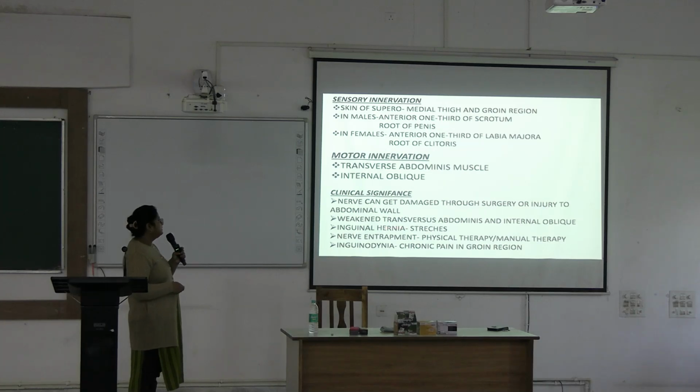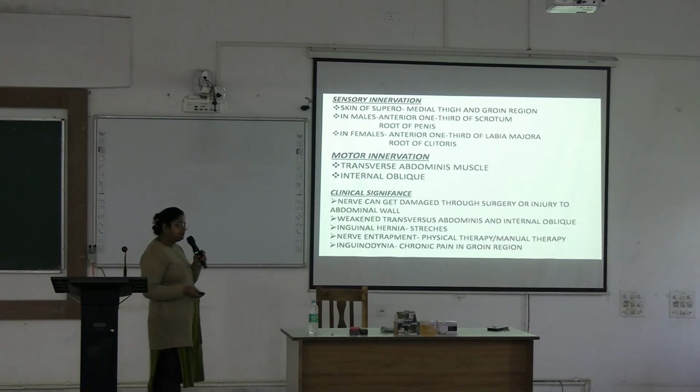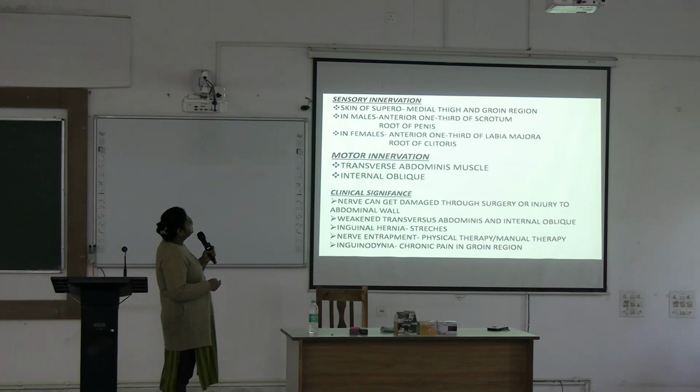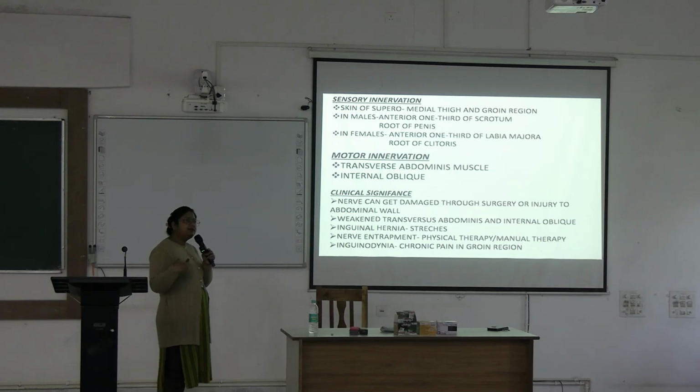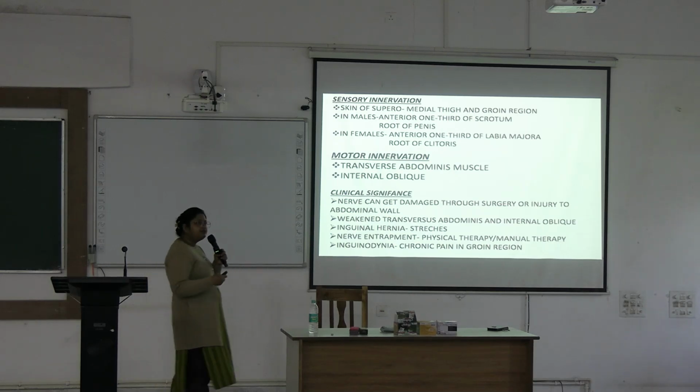And in case of nerve entrapment due to hernia or other abnormalities, you have to give physical therapy or manual therapy. And inguinodynia is chronic pain in the groin region due to involvement of this ilioinguinal nerve. Okay, so you have to know the sensory innervation. So for this clinical significance, where you will get the pain, you will get pain in patients with these symptoms.